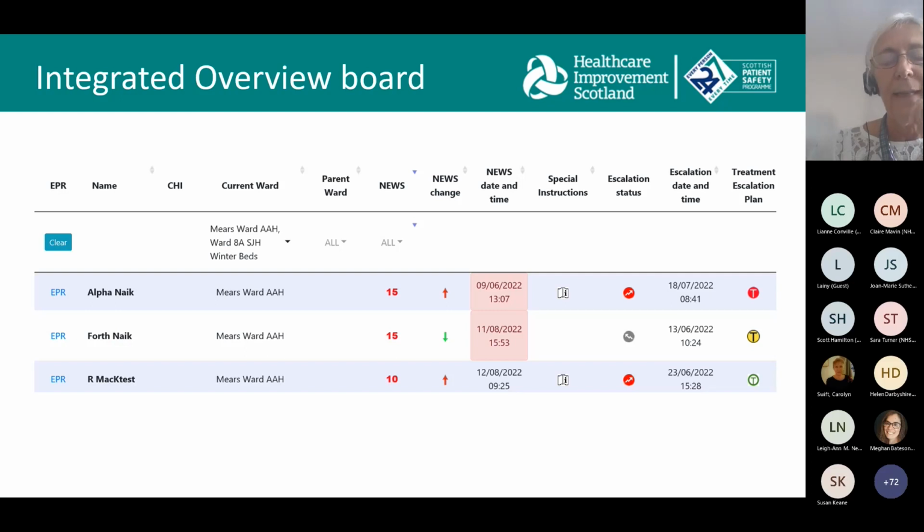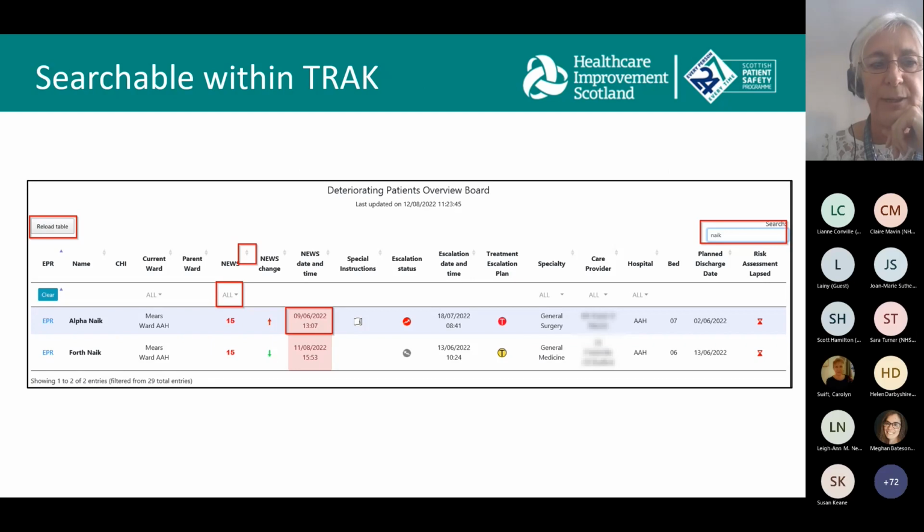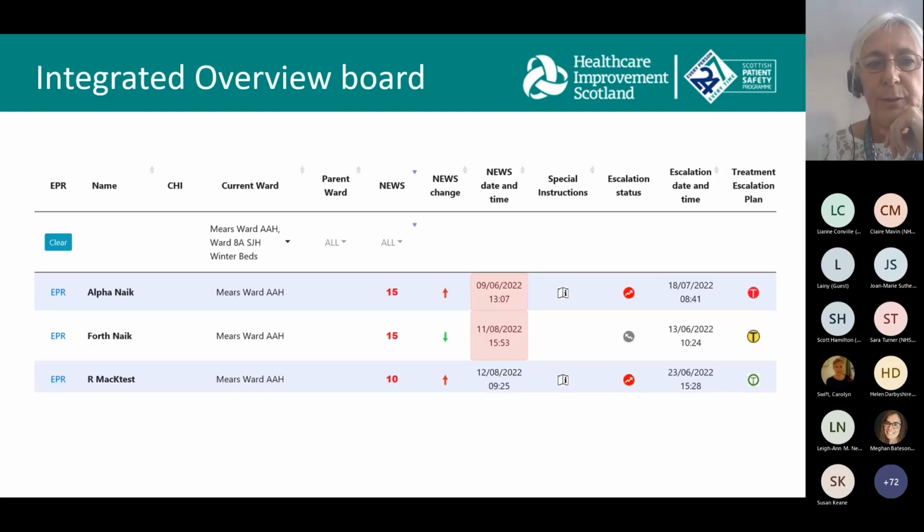And then we have, as Gavin has talked about, an overview board, which allows us to arrange this by news score, so to identify the most unwell patients in any given area.